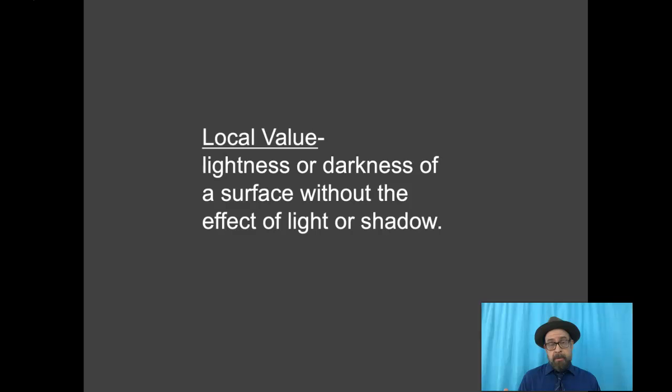Local value, right? Lightness or darkness of a surface without the effect of light and shadow on it. We're pretty used to seeing the world with the sun up, or at least a light on, and that affects the surface of any object.